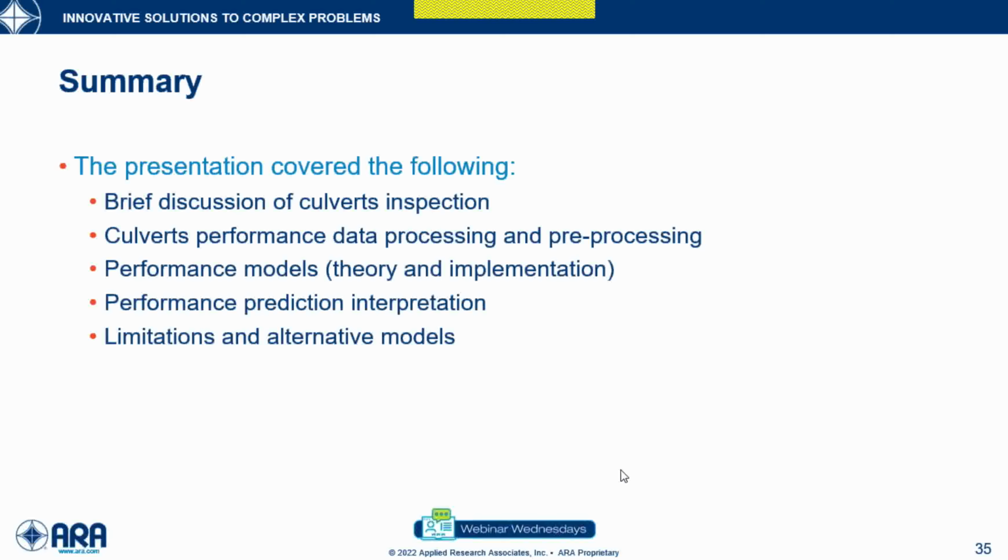Now, in summary, I just wanted to wrap up. We had a brief discussion about the culvert inspection process. We've talked a little bit about the performance data, and we've talked more about how to handle that data and use it in performance models and performance predictions.